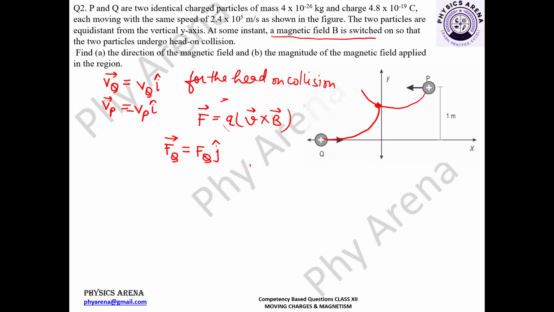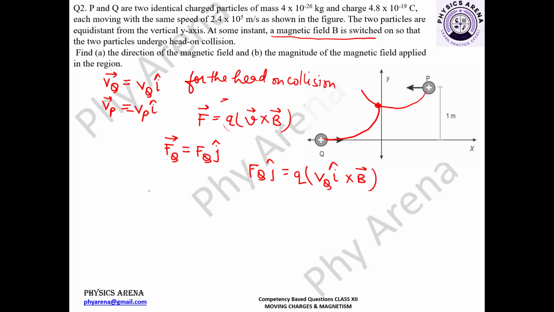So FQ J cap has to be equal to Q times velocity of charge particle Q, which is along the I cap, multiplied by B vector.